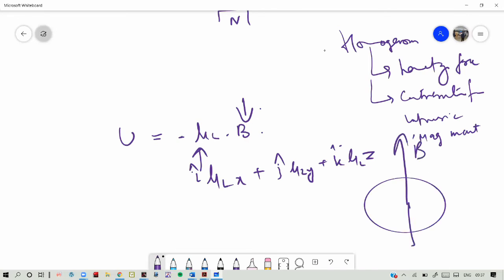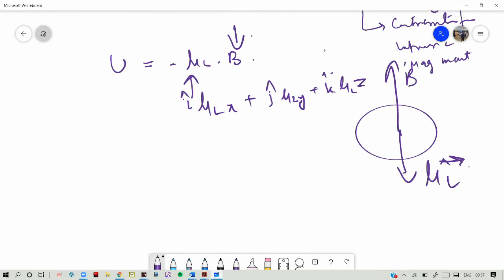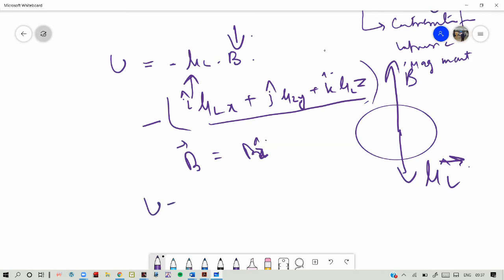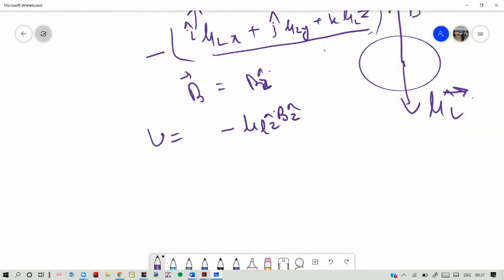So mu L is this, and B is equal to B_z only; we have direction only B_z. When you take the dot product, you will get U equal to minus mu L_z B_z, because they have opposite directions.